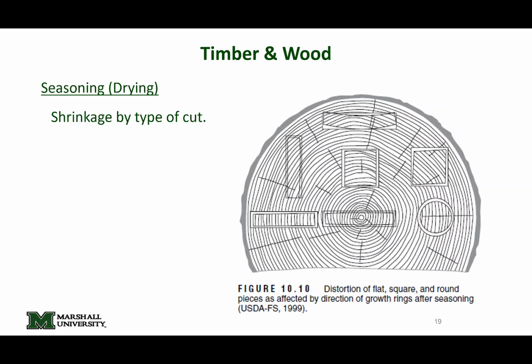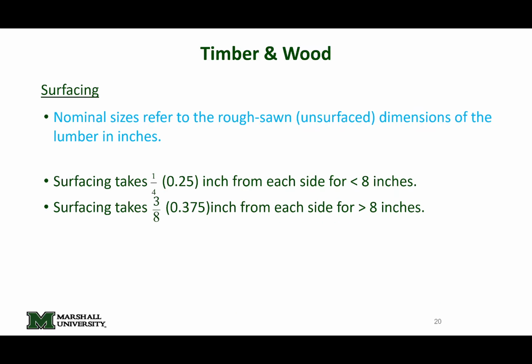Not only does this show the potential defects that you can get out of that, but it also shows changes in defects depending upon where you get the board out of the tree. So, for example, you can get more cupping out of a cut that's made like this versus more checks and shakes out of cuts here near the middle and whatnot. And we'll identify those defects here in a bit.